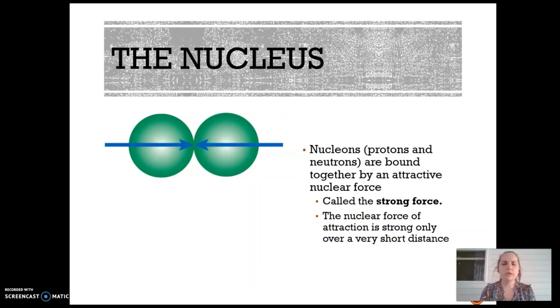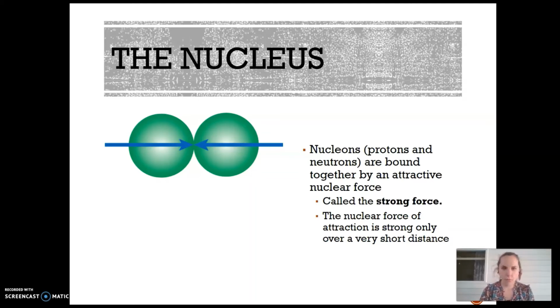A nucleon is a proton or a neutron, and they're bound together by an attractive nuclear force. We have this positive charge, we have this neutral charge, and between them there is this bonding force. If they are bonded together really strongly, then we call those things nucleons.